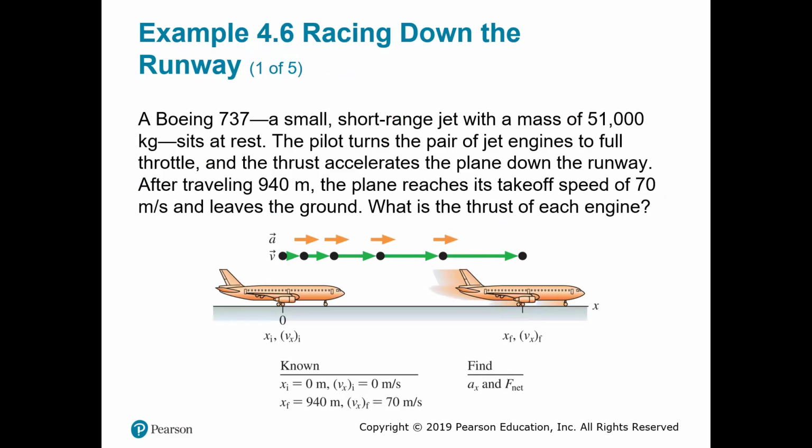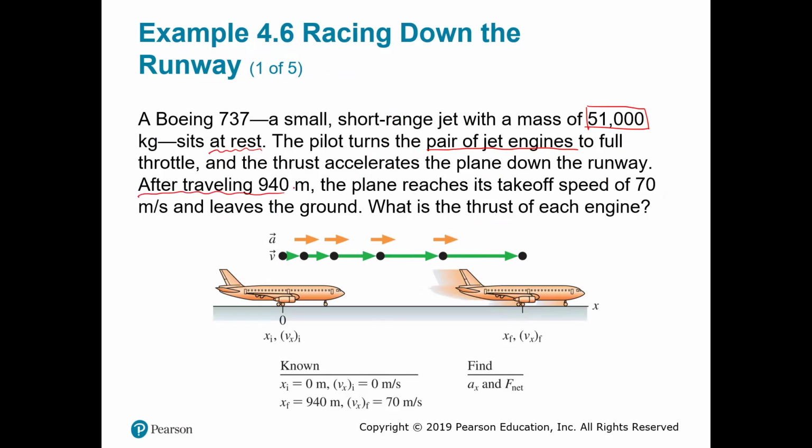Now it's a combination of your chapter 2 and chapter 4 here. You have a small airplane that sits at rest, and the mass is 51,000 kilograms, right? The pilot turns the power on, so that means you have two engines, and then the thrust accelerates the plane down the runway.